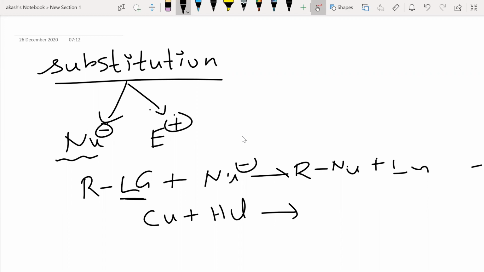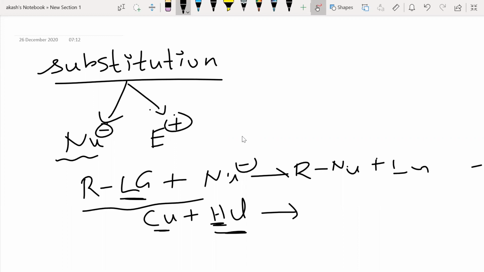No, it won't. Why? Because copper is less reactive than hydrogen. Hydrogen is more reactive than copper. That means copper cannot replace hydrogen from its compound. So basically, it all depends on the reactivity.